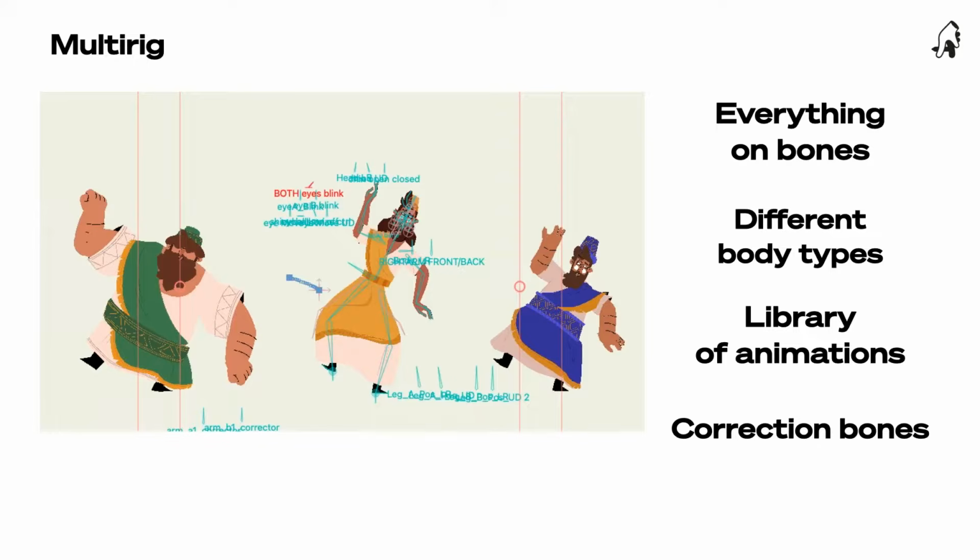So we are hoping that soon we'll have one rig to run them all, because just recently, actually today in the morning, we found out a solution how to create one rig which we can adjust to different characters, and it will allow us to copy and paste animations without any problem, even though the characters are quite different as here. So one guy is tall, the second is short, one is slim, and the second is fat.